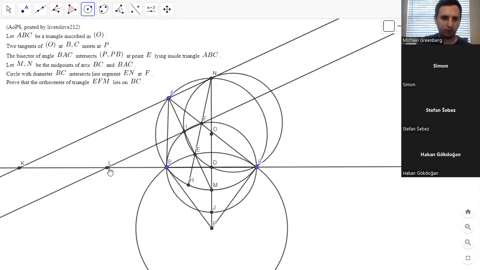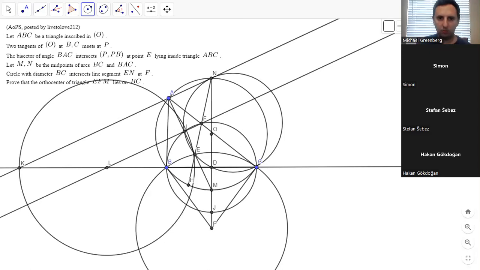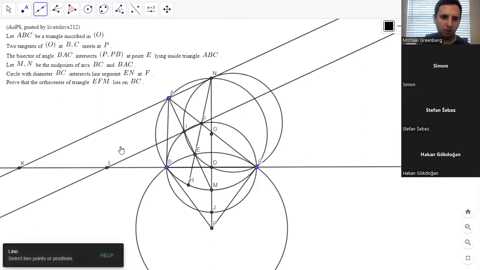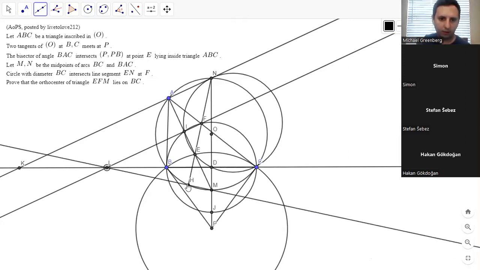I don't think L is the midpoint of K. LH, okay, so but we want to show LH and M are collinear. That's kind of the whole point.